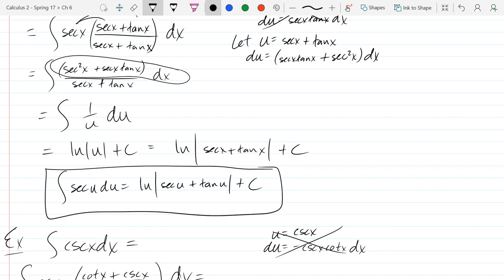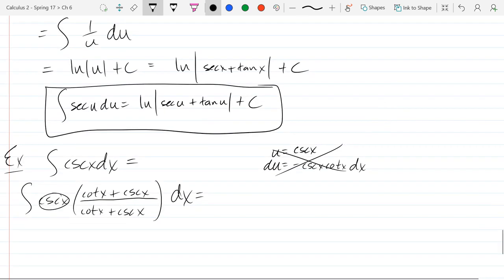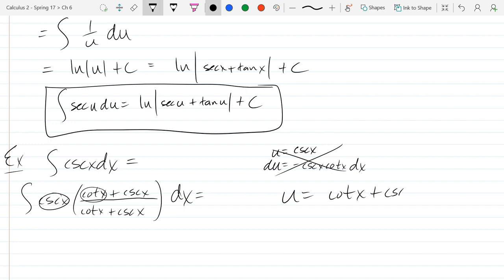So there's going to be a cosecant here, cotangent. So I'm hoping that when I try u equals cotangent plus cosecant, the other part of the derivative will be cosecant times cosecant, or cosecant squared. And we'll see if this actually works out.